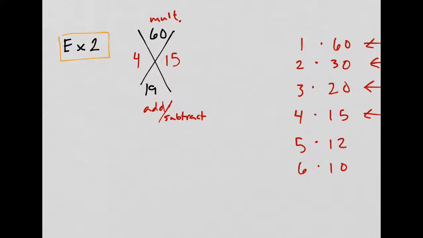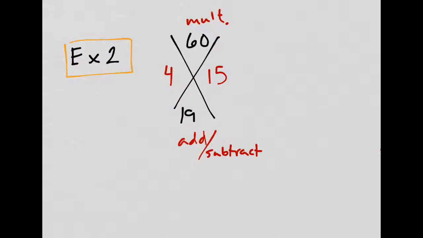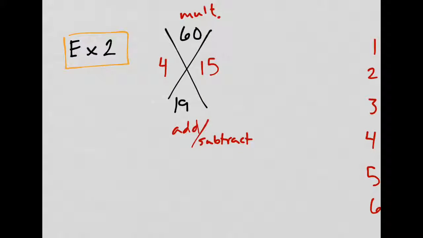Let's check it. 4 times 15, I'm just doing that in my calculator. Yes, that's positive 60. And they add together, 4 plus 15 equals 19, and that's what I wanted.